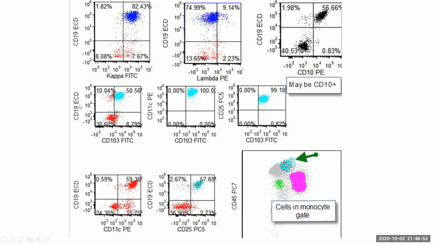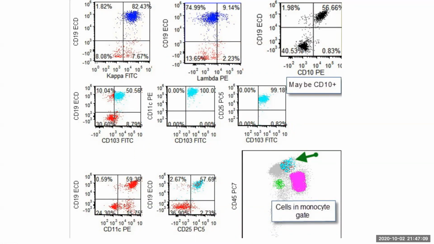Because it's CD19. If you're seeing this population of cells, what classic heme lymphoid malignancy would give you that phenotype?